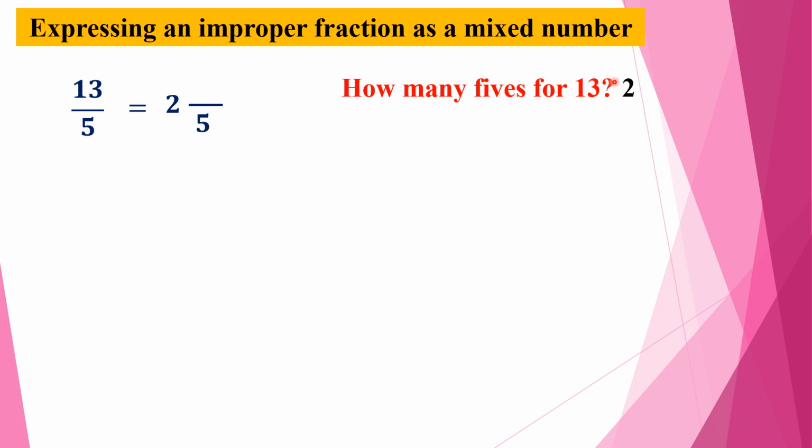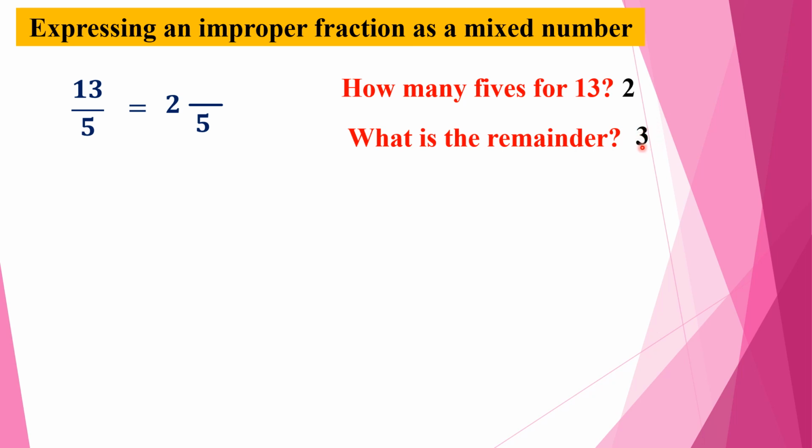Then we know there are 2 5s for 13. What is the remainder? There are 5 times 2 is 10 and 3 remains. So the remainder is 3. And now we found the remainder.